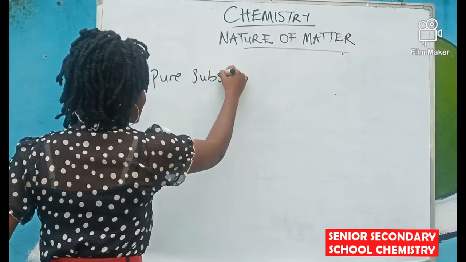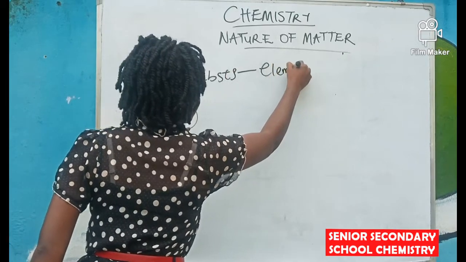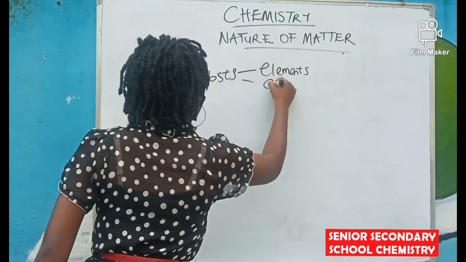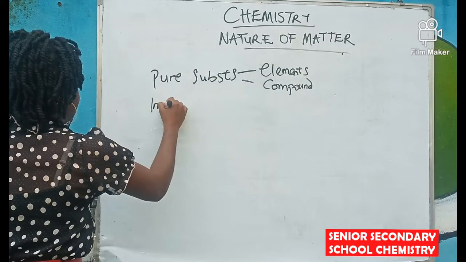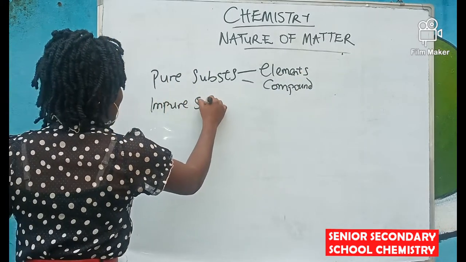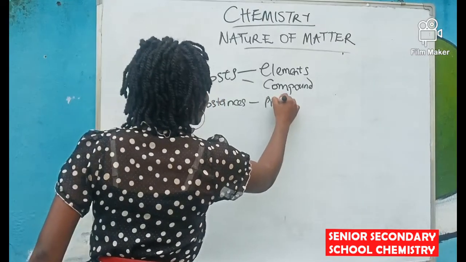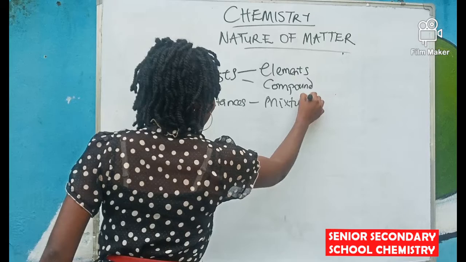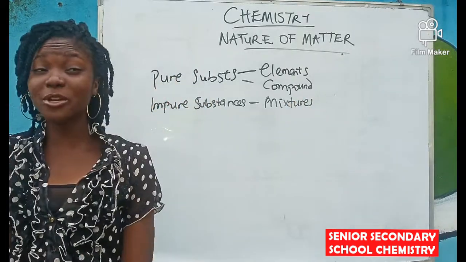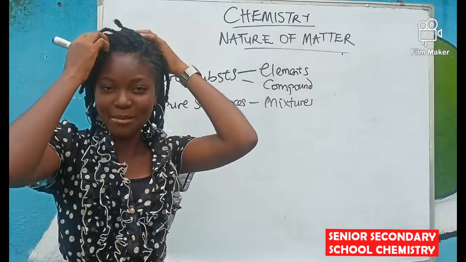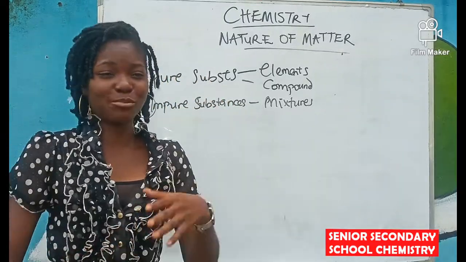The pure substances are the elements and compounds, while the impure substances are the mixtures. Today we'll be concentrating more on elements, but let's dive into the pure substances.